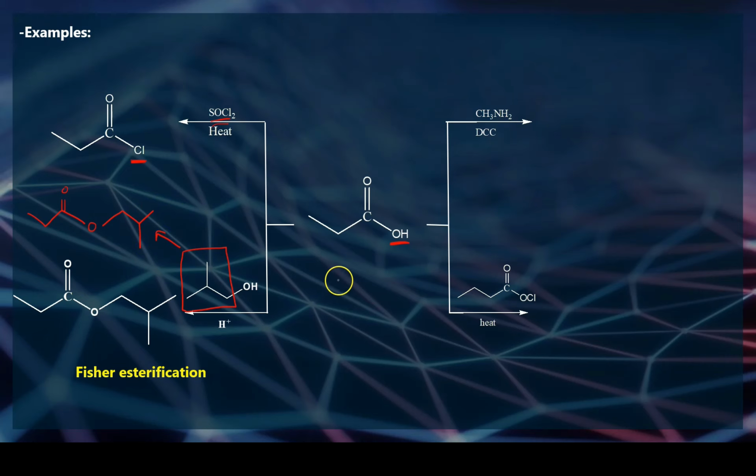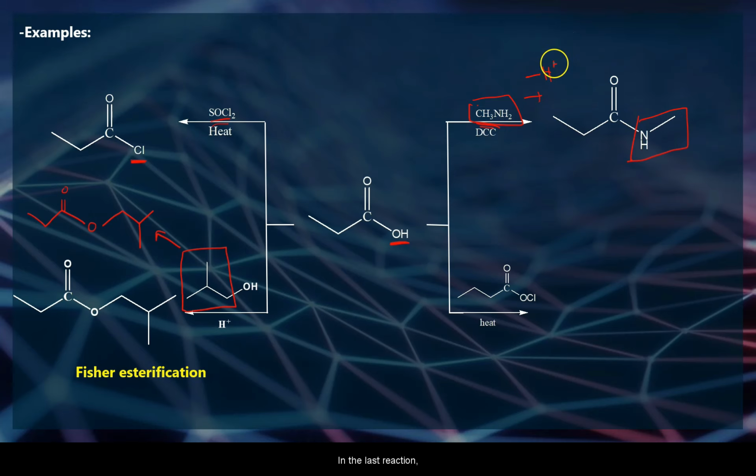Next reaction, carboxylic acid reacts with primary amine to form secondary amide. Simply substitute amine for the hydroxyl group at C double bond O. Every time amine reacts with carboxylic acid, one hydrogen from the amine will leave.